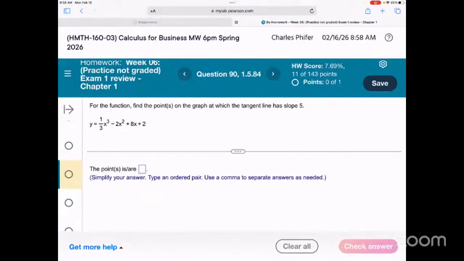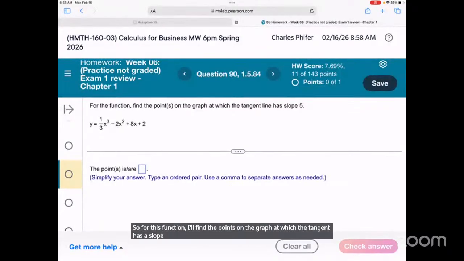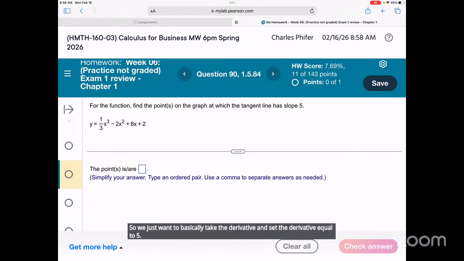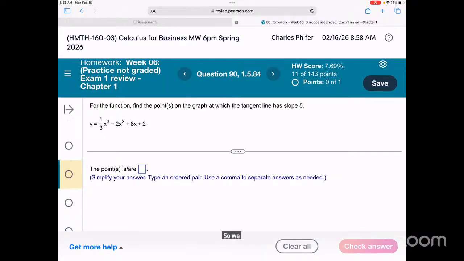For this function, find the points on the graph at which the tangent has a slope of 5. So we just want to basically take the derivative and set the derivative equal to 5. So we can take some notes here.